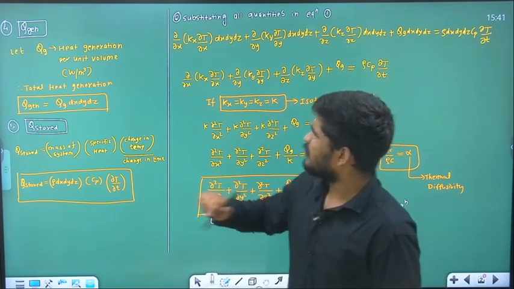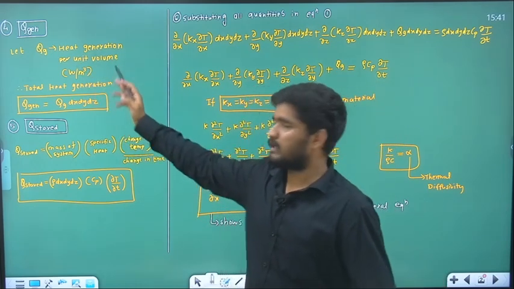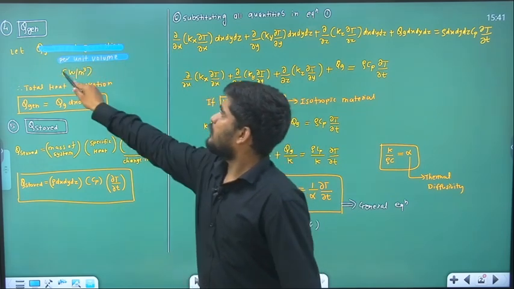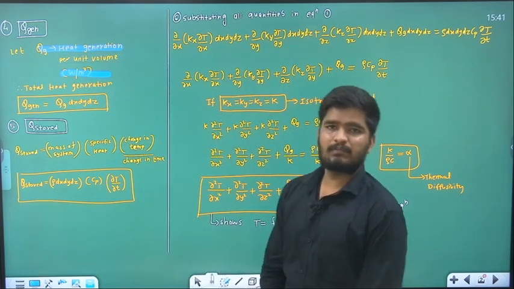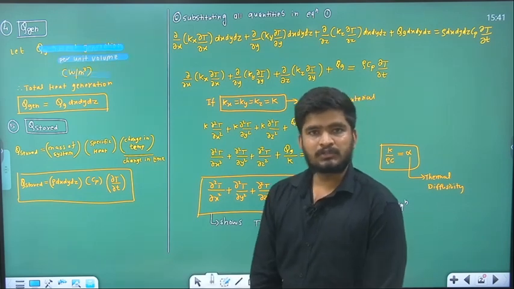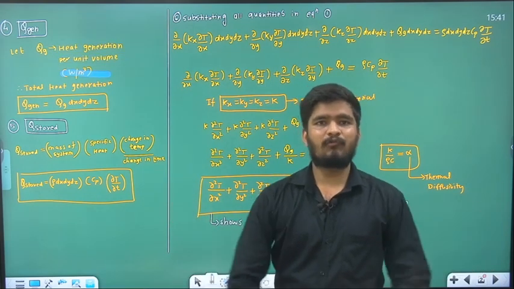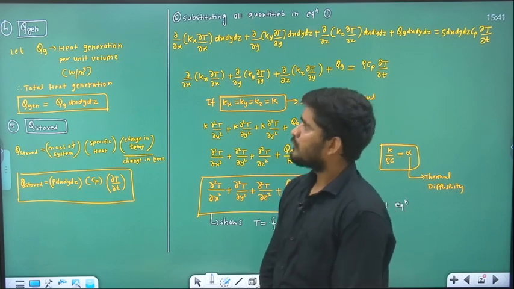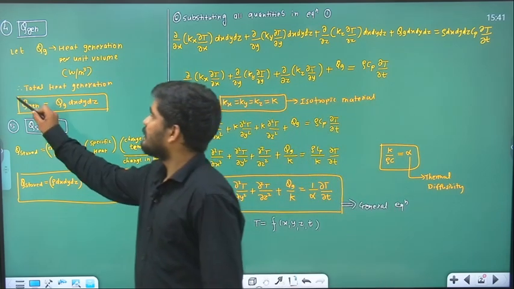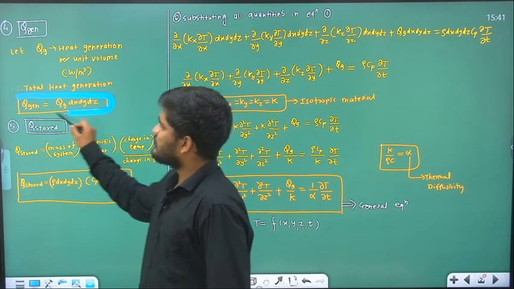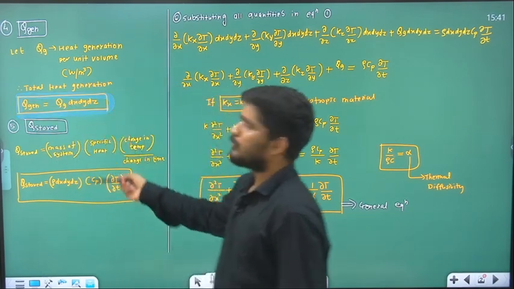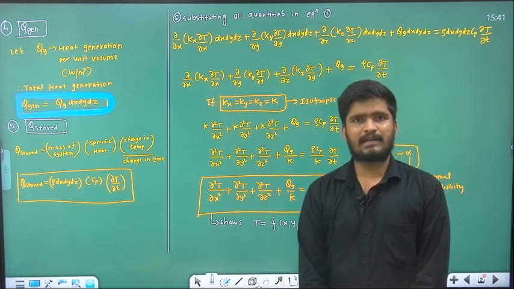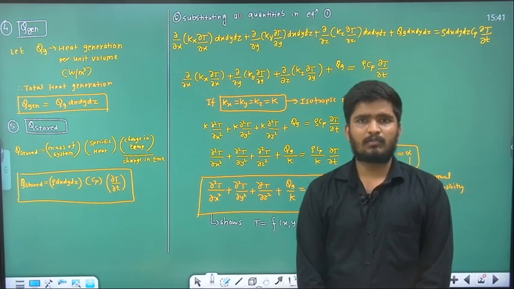So let us assume we have Qg amount of heat generation per unit volume with unit watt per meter cube. So for dx, dy, dz volume, how much heat will be generated? You multiply per unit volume by the volume of the body. You will get the heat generated for that particular volume of the body.